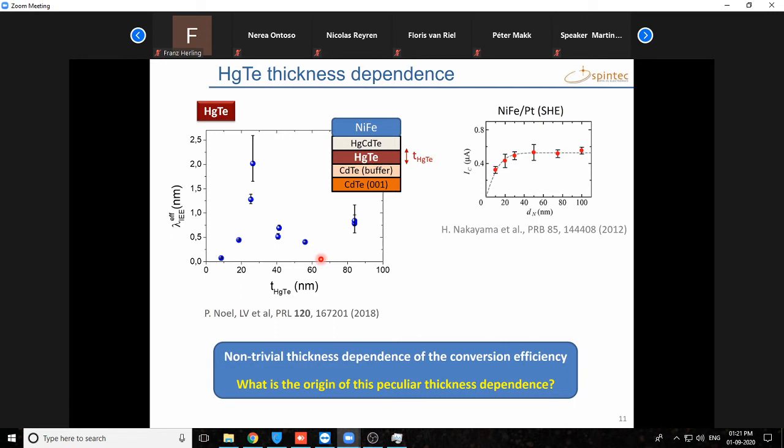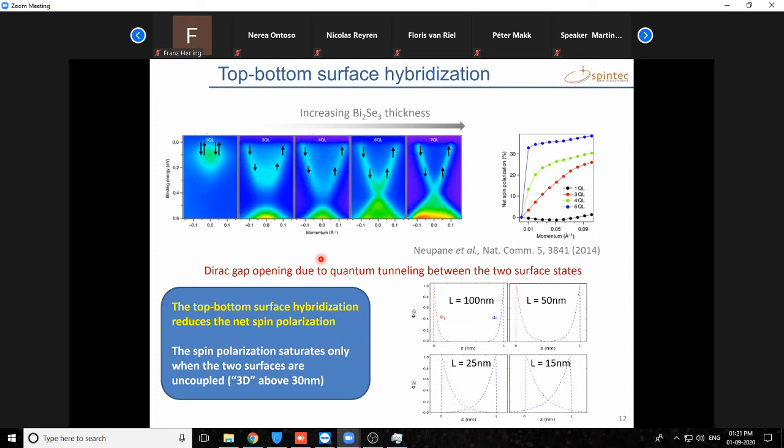So if we have mercury telluride that is thin enough, we might have a coupling between the top and bottom surfaces. This has been shown in bismuth selenide. If you have not enough quintuple layers, you will have a coupling between the top and bottom surfaces, and you lose the polarization because the two surfaces have opposite chiralities, and you need to have a thickness that is large enough to uncouple these two surfaces.